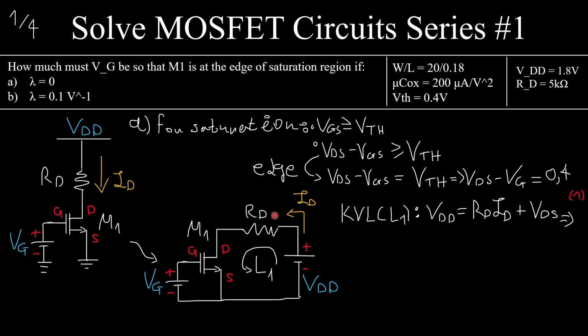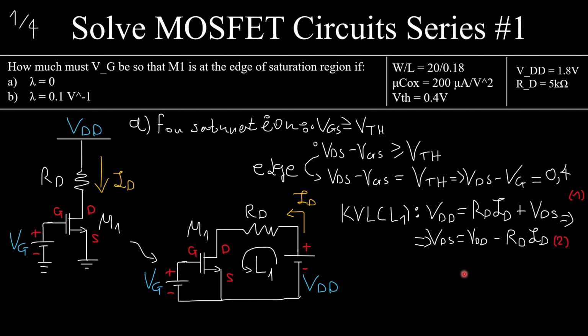Because the current flows like this. If it flowed the other way around, RD times ID would be in this part of the equation with a plus sign. It's going to be plus VDS, because VDS is VD minus VS, so it's plus and minus here. Now I separate things like this, and I have VDS equals VDD minus RD times ID. This is equation 2.